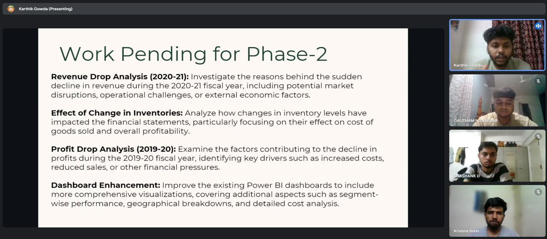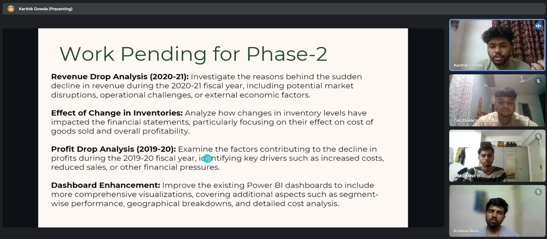The first one is the effect of change in inventories, analyzing how change in inventory levels has impacted the financial statements, focusing on the effect on the cost of goods sold and overall profitability. Then the profit drop analysis: since the revenue drop analysis is done for 2021, we should check the profit drop analysis of the previous year, to see how the profit was in that year.